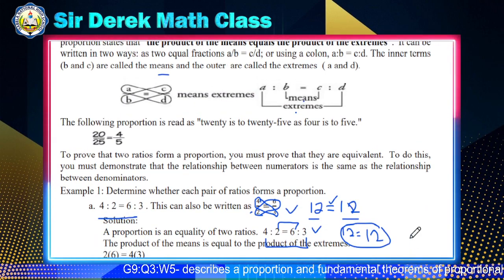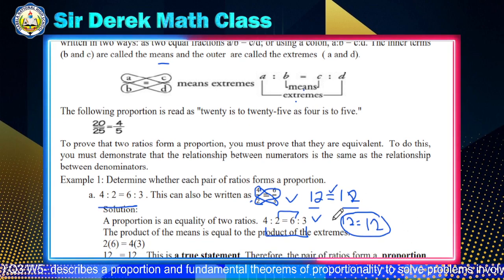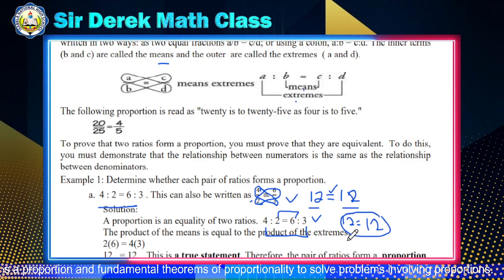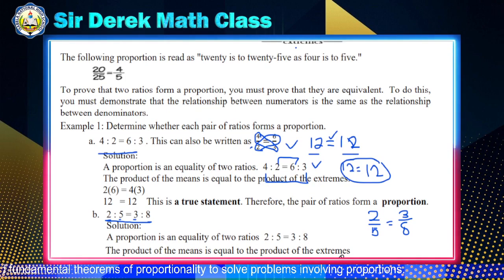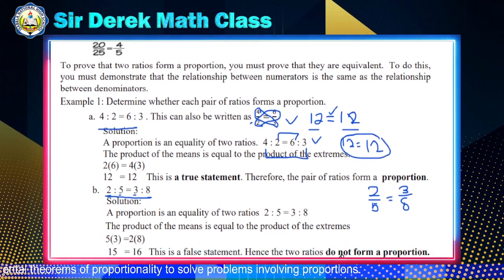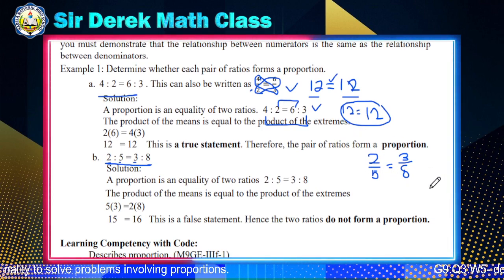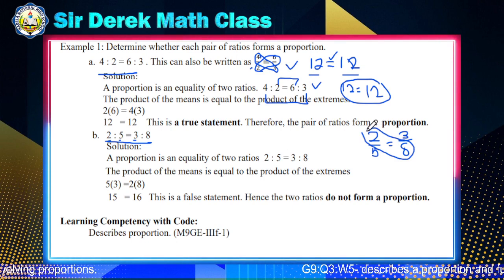So that's how we prove proportions. We just get the product of the means and extremes, and if the two values are equal, then the two ratios form a proportion. What about example B? Does this form a proportion? To know that, we need to do our process, the means and extremes or cross multiplication.